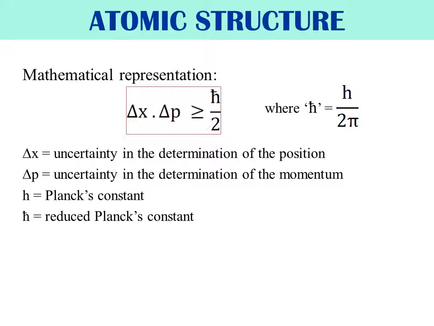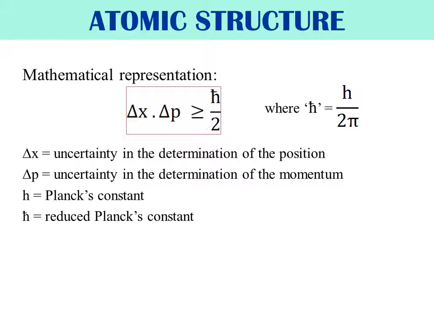you can also find that instead of delta x and delta p, they've written sigma x and sigma p. Since delta x is basically the uncertainty, the difference, how much you are sure.